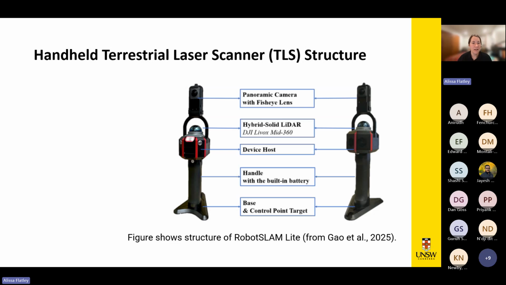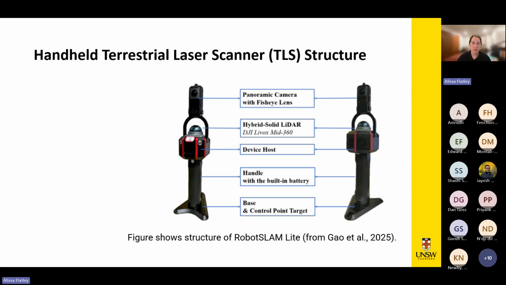In this one, you can see the main lidar attachment is the DJI Livox Mid 360, so that's a 360 scanner. On the top of this one, there's a panoramic camera with fisheye lens, a handle which has the built-in battery within it, and then most TLS also have a base or a control point target, and this is to stabilize your TLS when you're starting to use it.